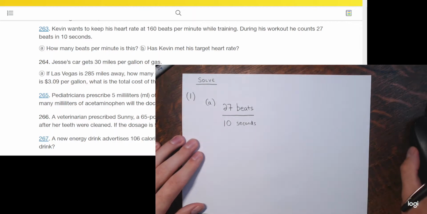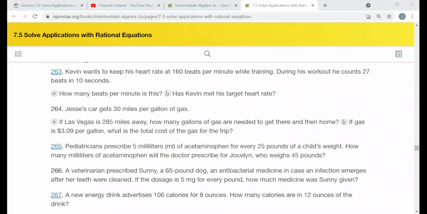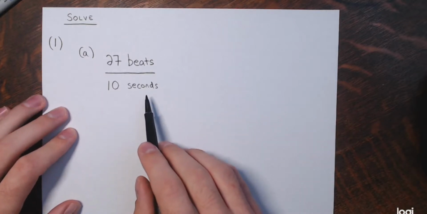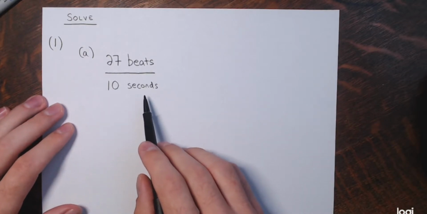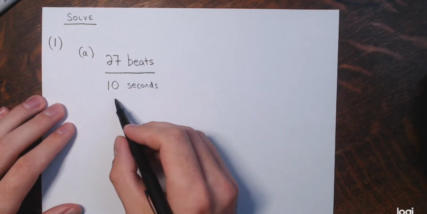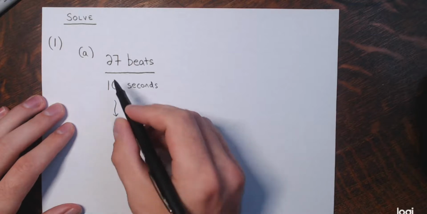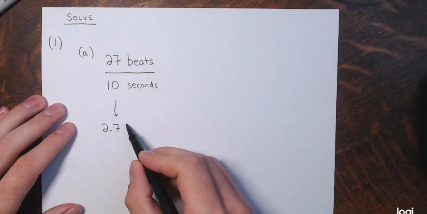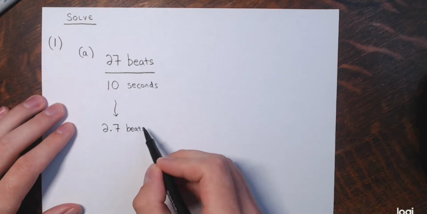Alright, so I'm going to make this a little bigger now. Let's bring this back up. Okay. Now they want beats per minute, not beats per second. So right now, if I divide these, 27 divided by 10, that's 2.7 beats per second.